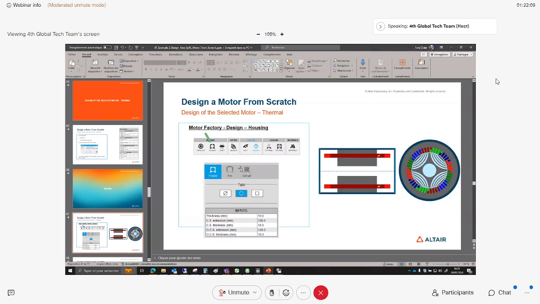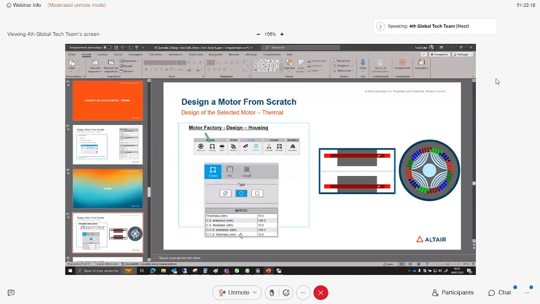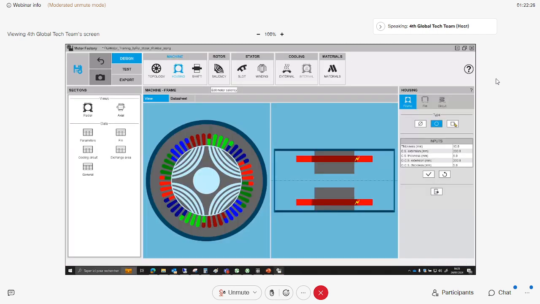Then you have to go to Motor Factory, design again, and add your housing. This is the dimension of the housing I want to add. Then add the fields. Always in the same location, you can add the fields like this.